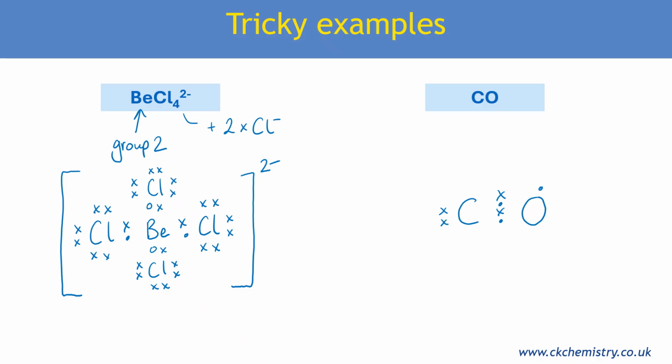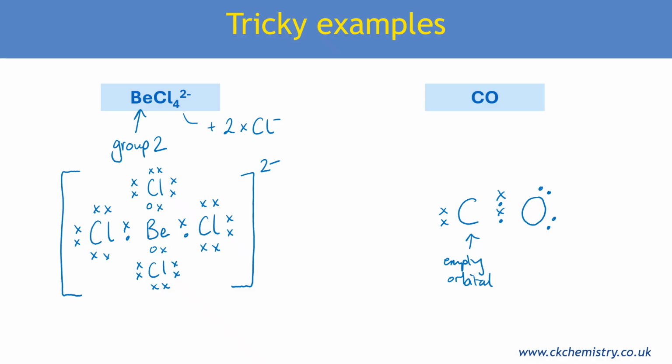Oxygen is in group 6, so it would have 4 more. So oxygen's fine, in terms of that it has no empty orbitals, right? So oxygen has, in this situation, 8 electrons around it. But carbon has 6, so this now has an empty or an unoccupied orbital.